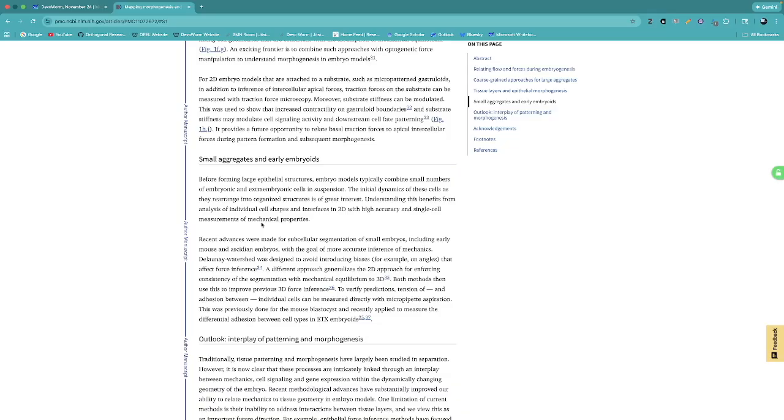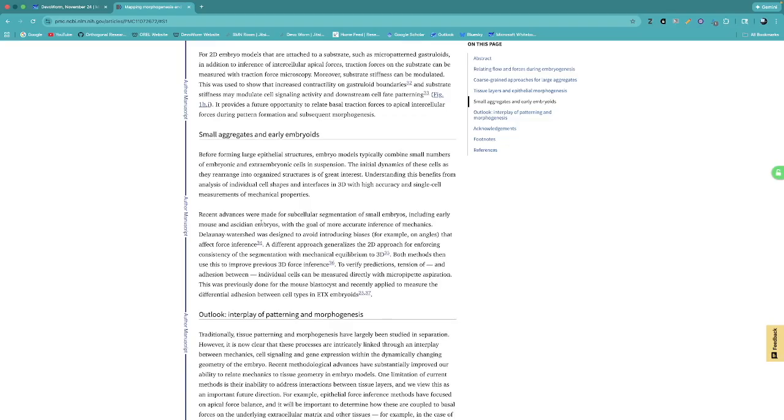We need to go down a couple of levels and build models of individual cells interacting with other cells, and then understand those interactions as contributing to these larger aggregates, and then eventually to the larger phenotype. Recent advances were made for subcellular segmentation of small embryos, including early mouse and Ascidian embryos, with the goal of more accurate inference of mechanics.